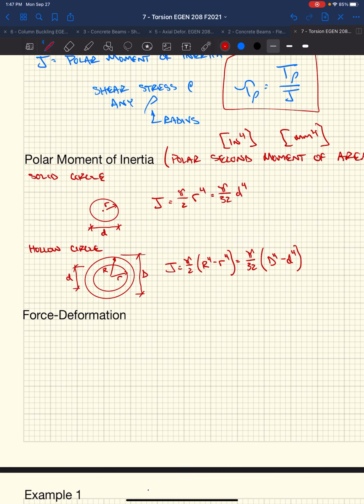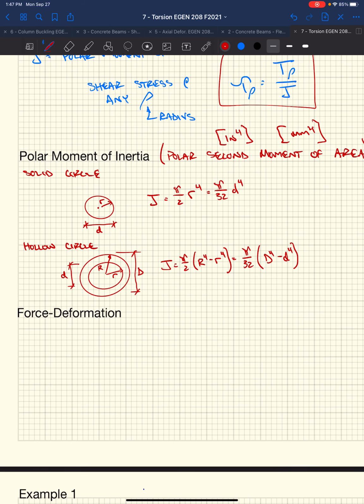Same as in our axial problems, we really wanted to figure out this relationship between force and deformation. Right, that was very helpful. If you remember for axial, it was delta equals FL over AE, right? And that came from Hooke's law, and then substituting in force over area is stress, and strain is change in length over the total length.